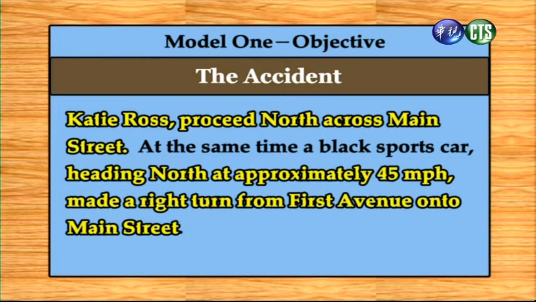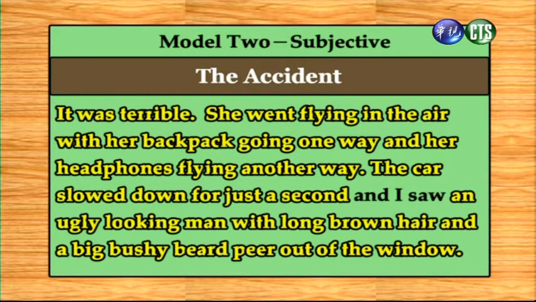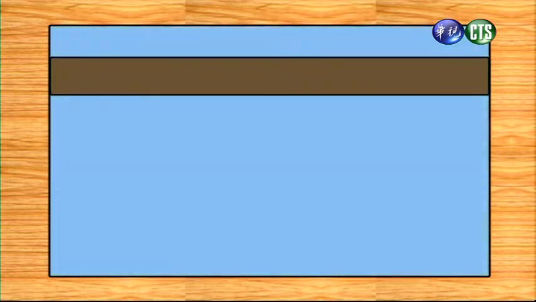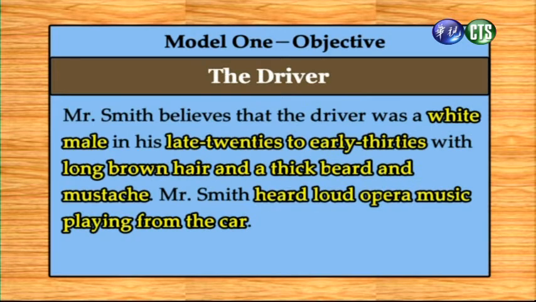But if we go to the subjective version, we have more of an image about how terrible the accident was, and we're emphasizing maybe the victim flying in different directions, conveying that sense of terror.